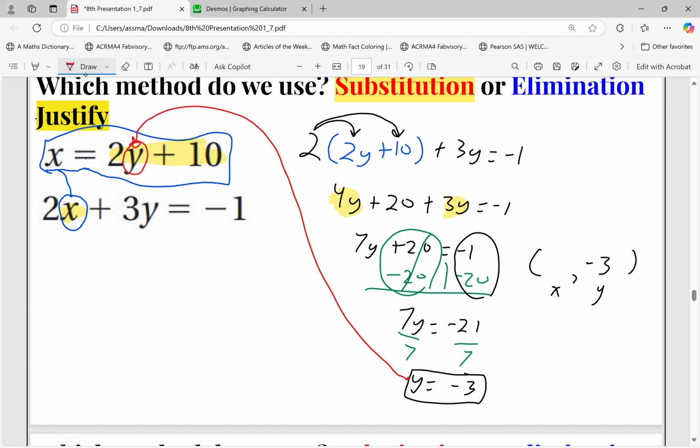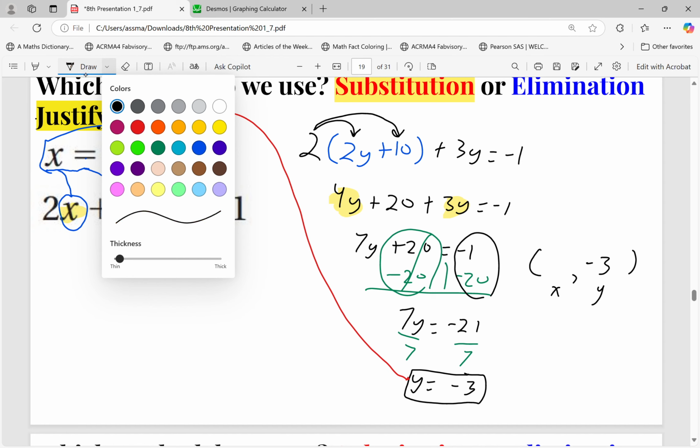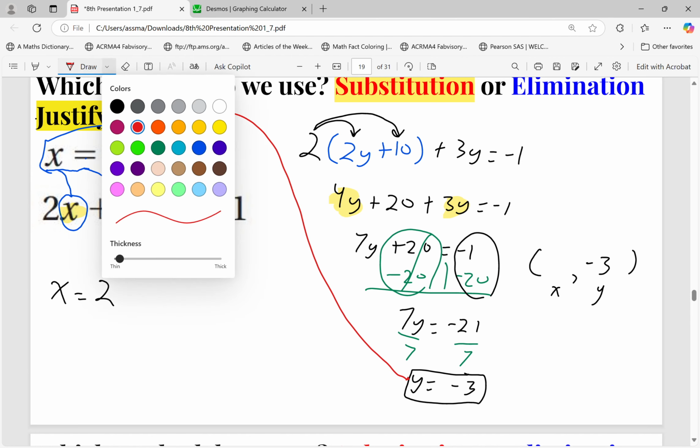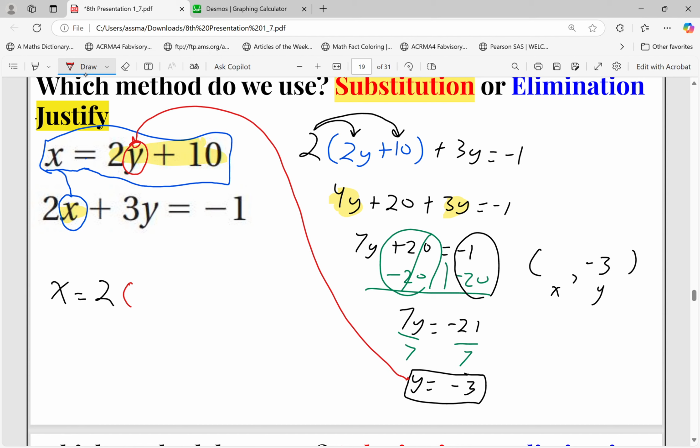So I'll have x is equal to 2, and for the y, I'll replace it with negative 3, and then plus 10. If I quickly do this, I get 2 times negative 3 gives me negative 6, plus 10, which gives me x is equal to positive 4. So there's my x value.